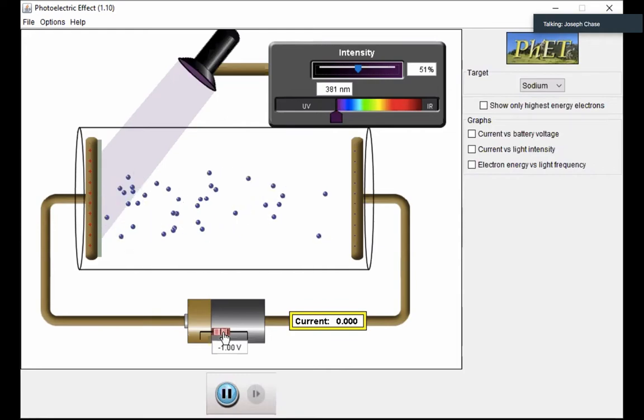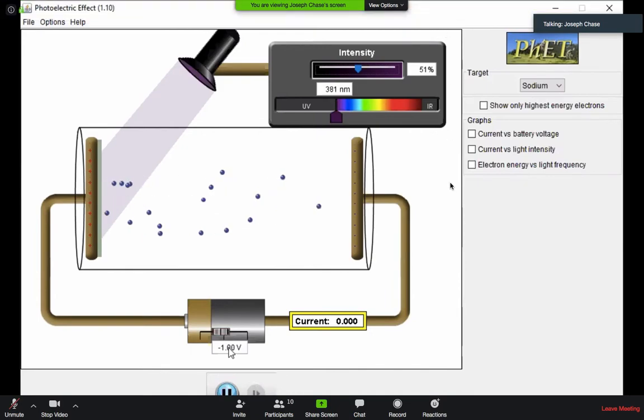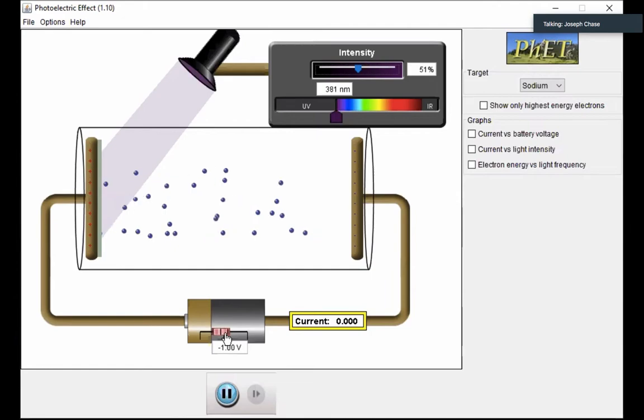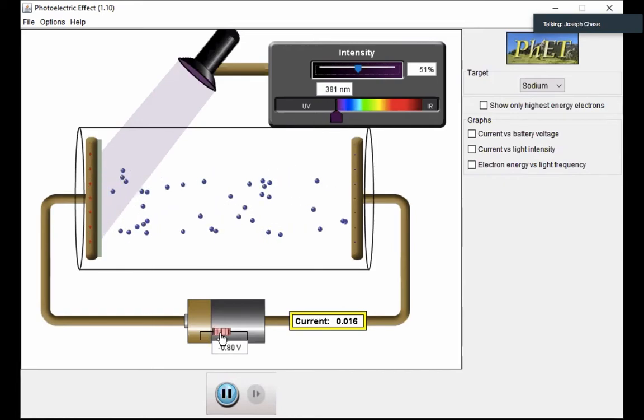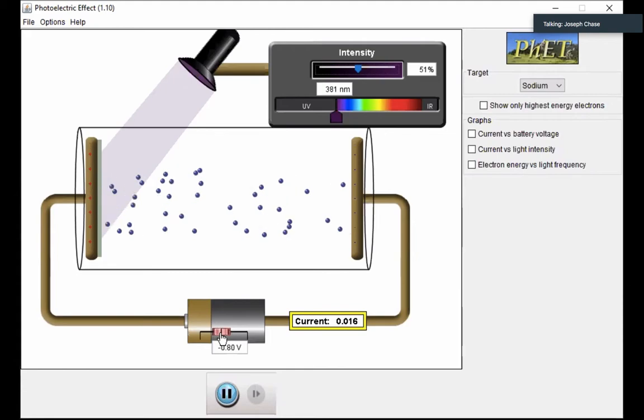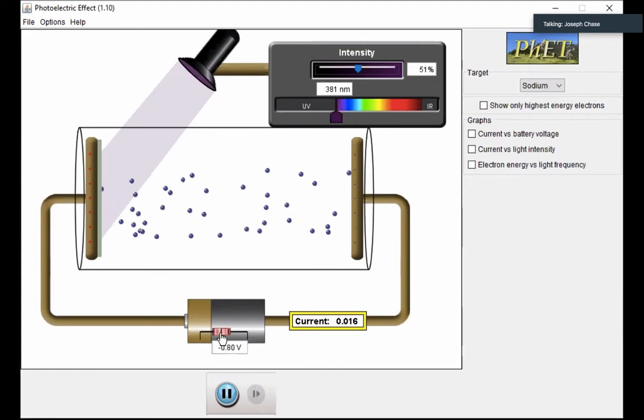Oh, look at that. Close. So I'm just about there, about 1 volt. Okay, and it looks like if I just decrease it by a little bit, then some electrons, I'm trying to get to the point where I start to get current. Ooh, that's probably too much. Yep. All right, how about minus 0.8? Yep, somewhere just, how about minus 0.9?